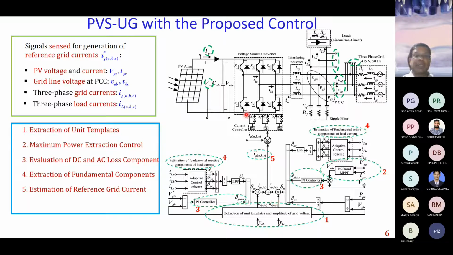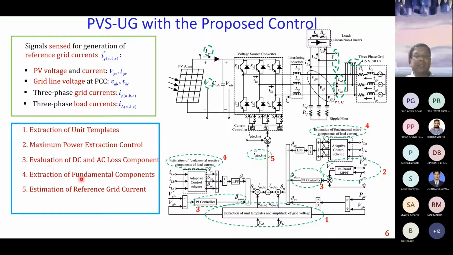One of the approaches of interest is, instead of using the zero crossing detector, we could use the unit templates for the synchronization. I will tell you a little later about these unit templates that are to be extracted, and then the maximum power point tracking control, and also the evaluation of DC and AC loss component.